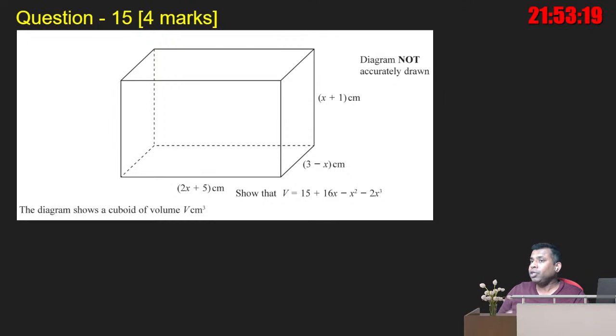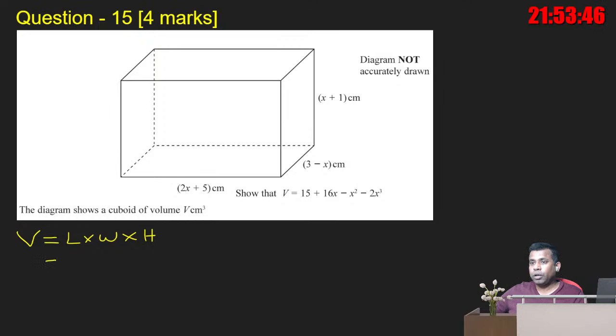You only need to know how to expand the three brackets and multiply together, collect the like terms, and make sure you get the answer as a volume, right? So now I'm going to show you how to do that one. Volume, we all know, is length times width times height.